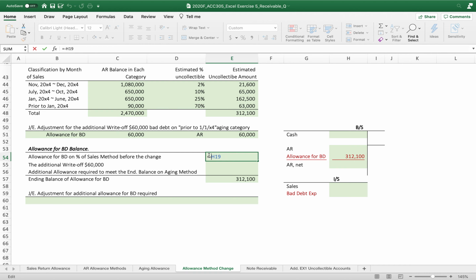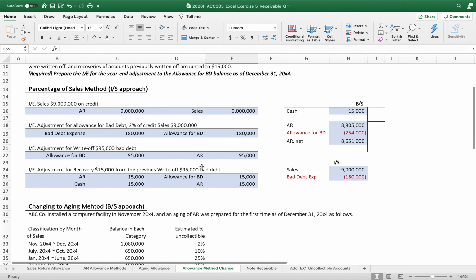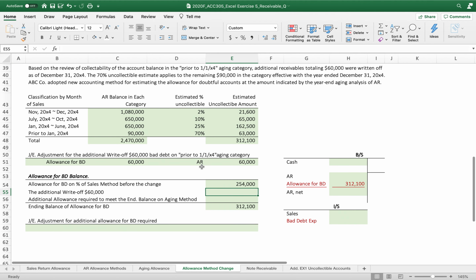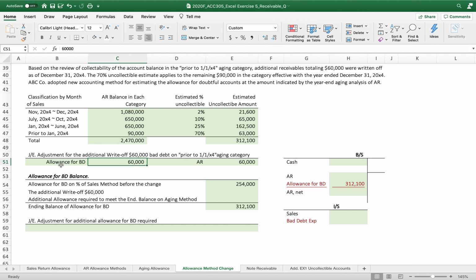Okay, let me show you just a plus sign. Then additional write-off of $60,000 that reduced the allowance for bad debt, right? So I'm going to reduce by 60,000. Then how do we get it? We can just plug in 312,100. We already have this ending balance from the schedule of aging AR.